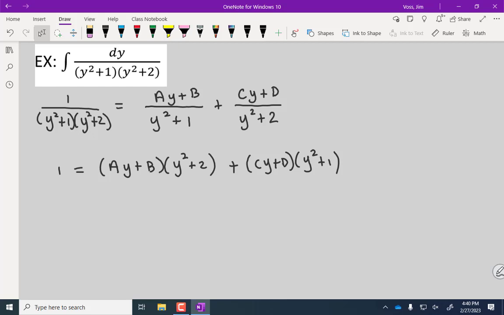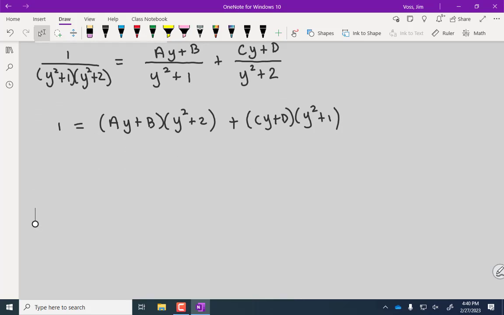Cancel. It's like cross multiplying. It's advanced cross multiplying. Okay, so irreducible quadratics, we need to go traditional method, so now we have to expand. That means you have to FOIL. Here we go, FOIL.